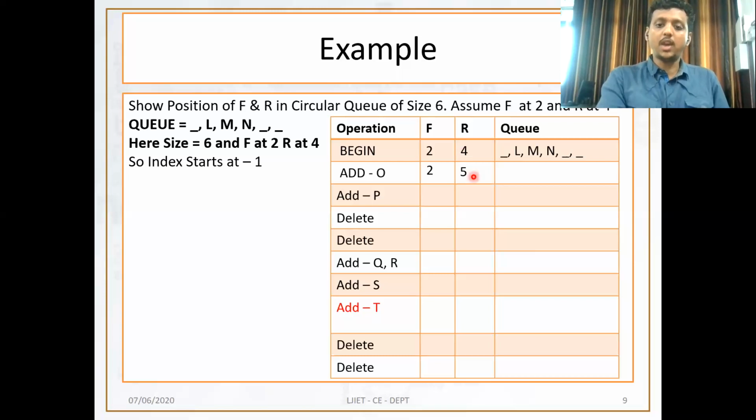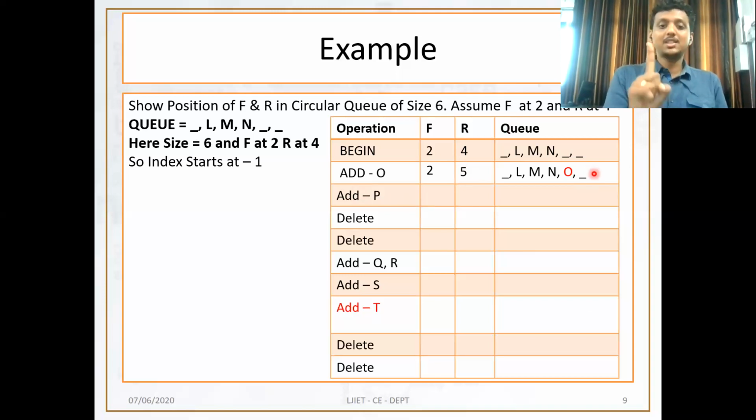So it becomes 5, and I add O. See, O has been added inside the queue. Now let's move to the next operation, add P. Again I need to add something. Students, just check whether there is space or not in the circular queue.